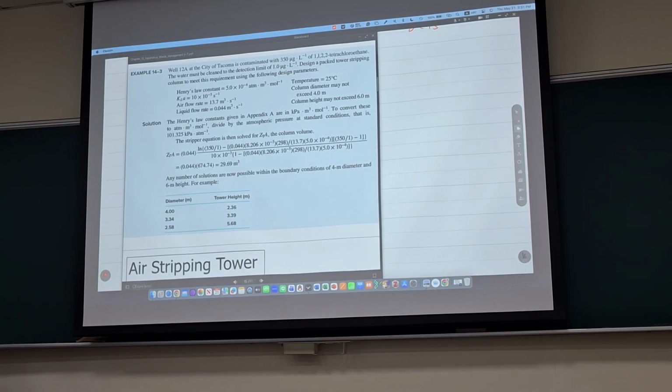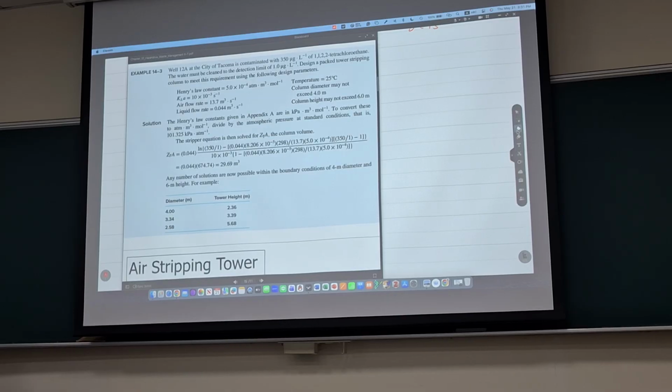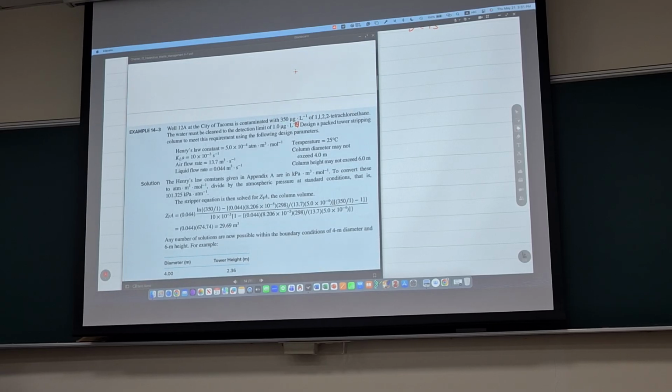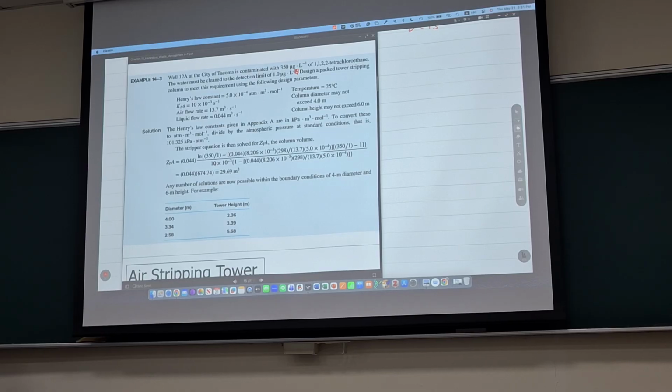Let's see Example 14.3. Students, take a look. I might ask this kind of question in the final. I will repeat this many times: I will not ask you to derive this, but I want you to know how to apply the formula.